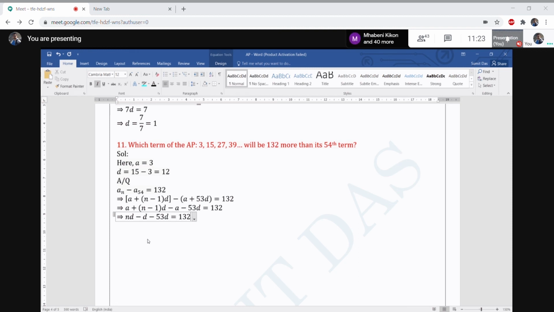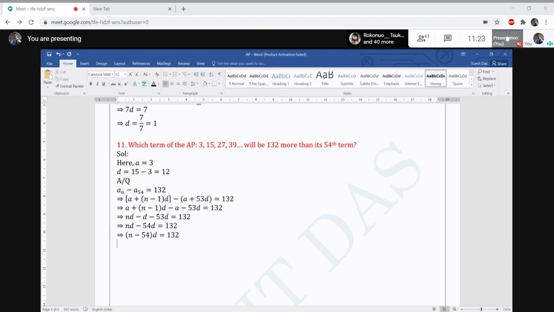Let's simplify the d value. Let's take d common. What will be left here? nd minus 54d, which is equal to 132. Then we'll take d common, so it will be n minus 54 into d equal to 132.